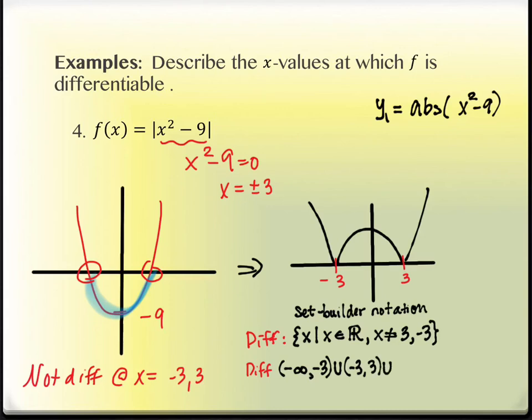And then we do a union, and then it's differentiable from 3 to infinity. And again, you should have seen that notation before as well. I'm not sure what WebAssign is going to make you use. Either one's fine with me. Does it say intervals? Okay, cool. So be prepared then inside of WebAssign anyway to use this notation. And like we said, that's interval notation.